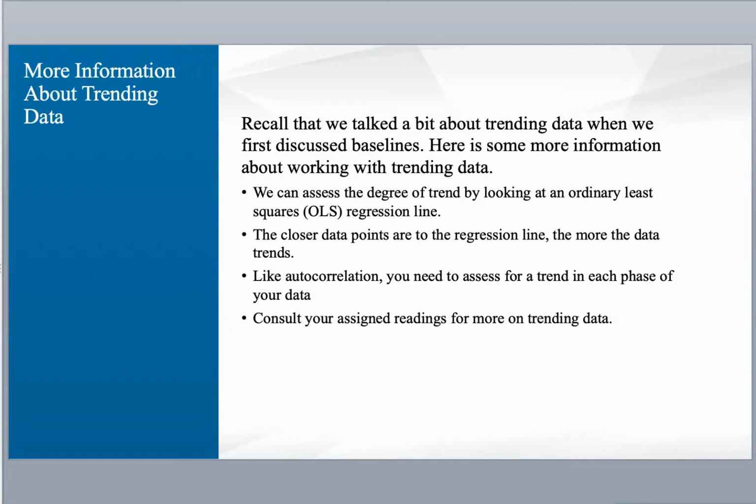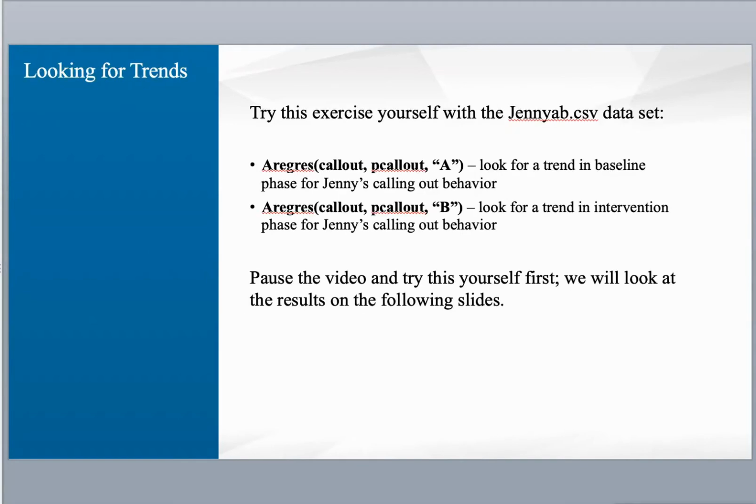The more the data trends, like autocorrelation, you need to assess for a trend in each phase of your data, and you could consult your assigned readings for more on trending data. There's also an example in the section on SSD for R in the R section.